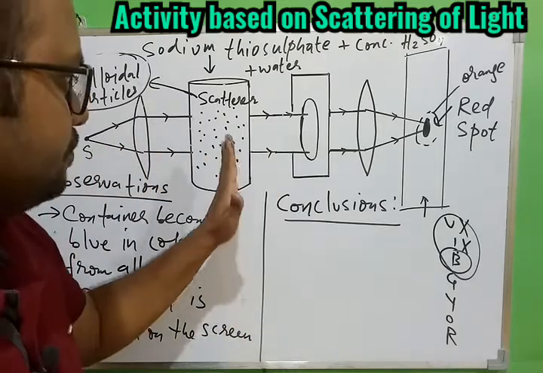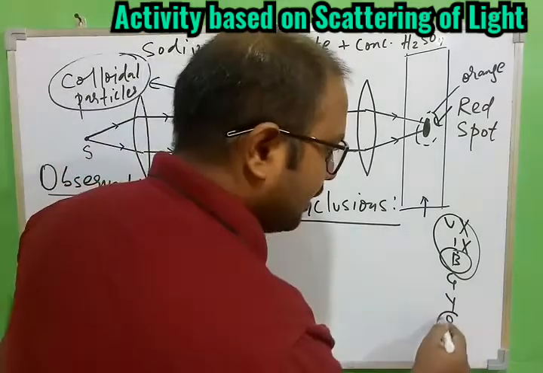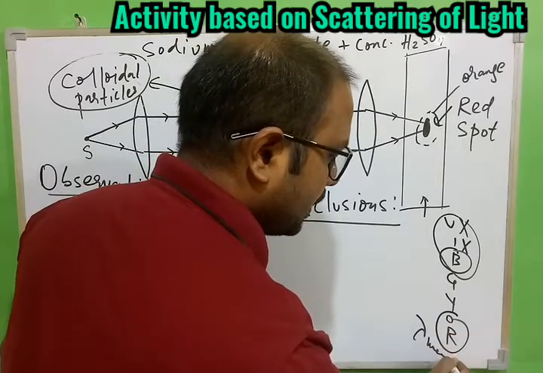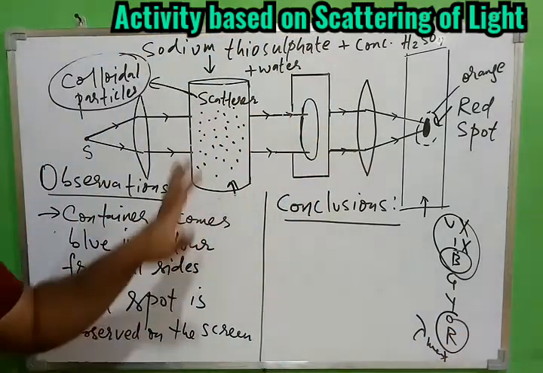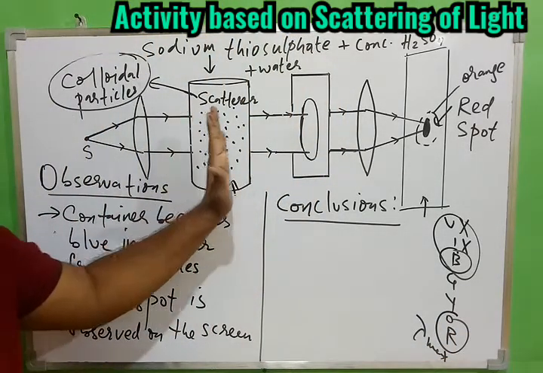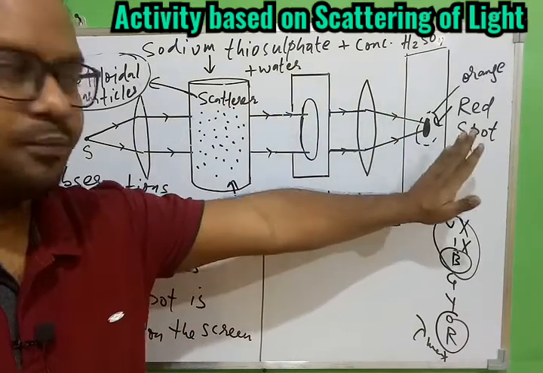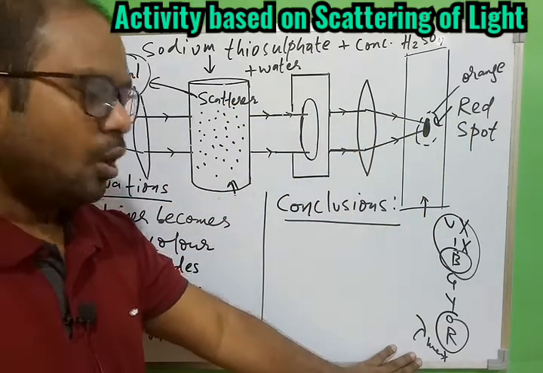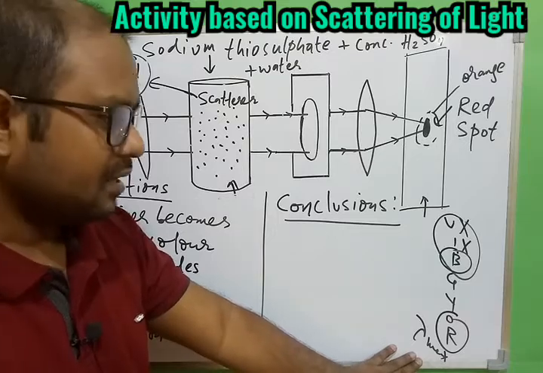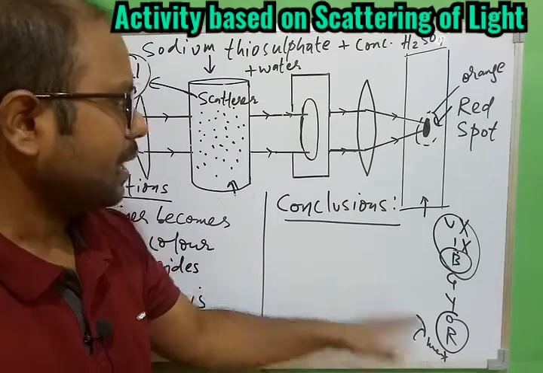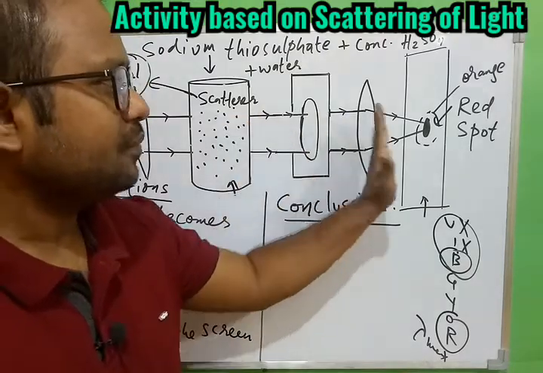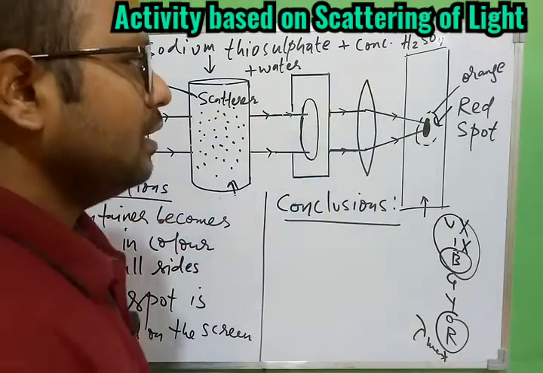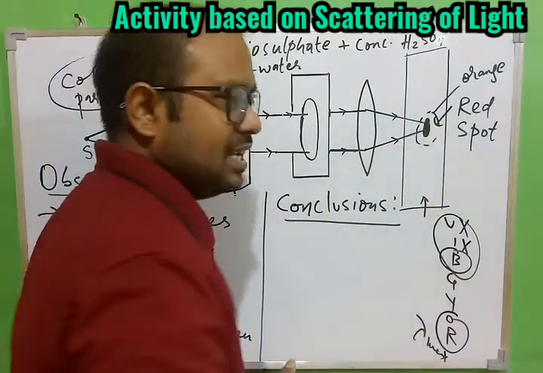Second part is the colors which have a longer wavelength, that is orange or red color, will not be scattered by the colloidal solution, and the same color will pass straight away. So we can say overall these colors will have very little scattering because the wavelength is maximum, and finally the red colors will remain in the same direction, and that is what you are able to see on the screen.